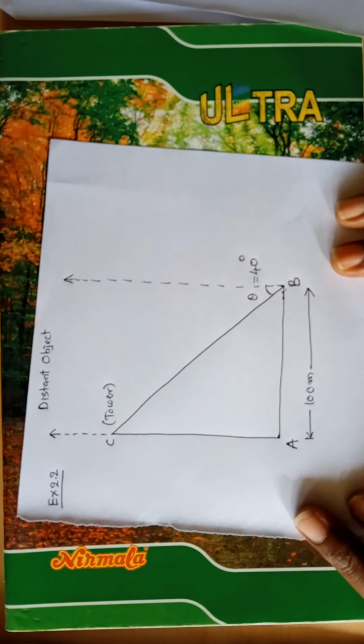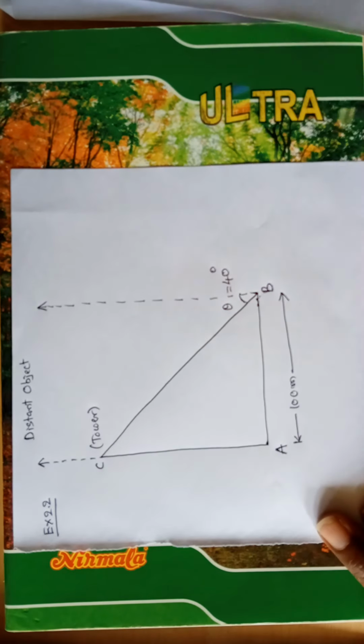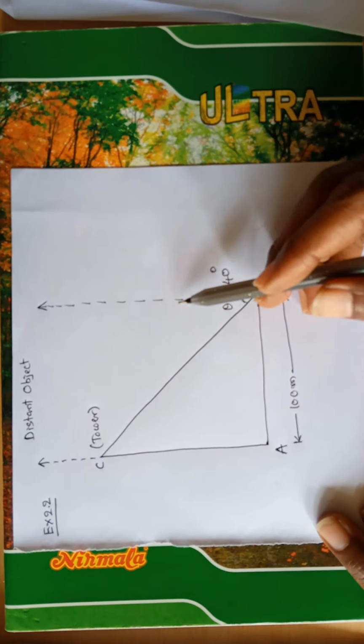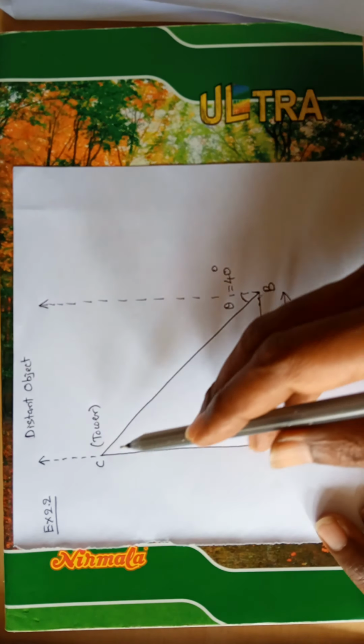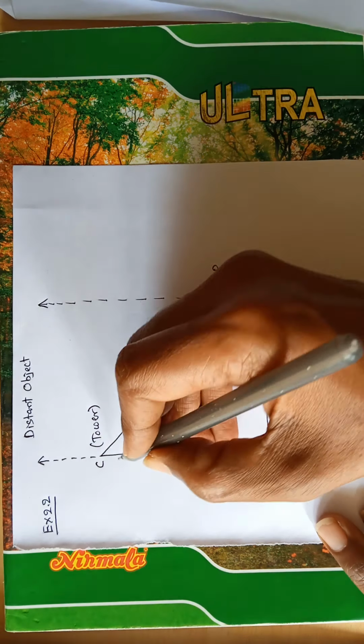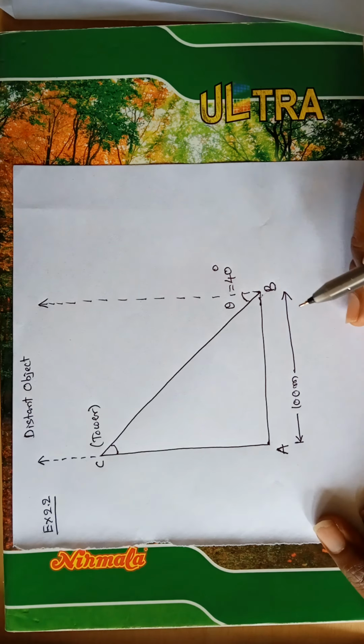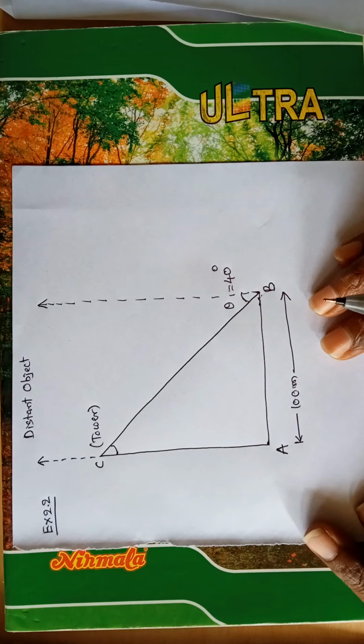Now, making use of this distance and this angle, you are going to find the distance of the tower. How? Very easy. You have some geometrical knowledge. These two are parallel lines, and this is the transverse line, and these two angles are called alternate angles.